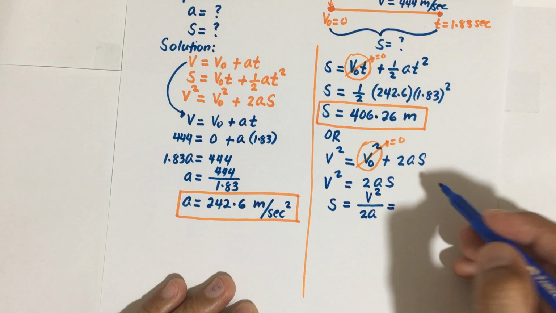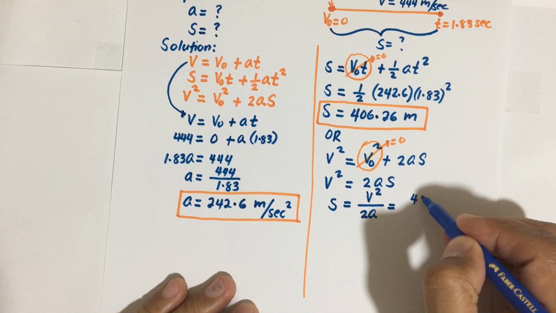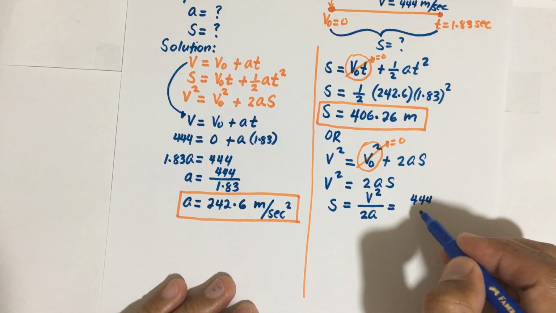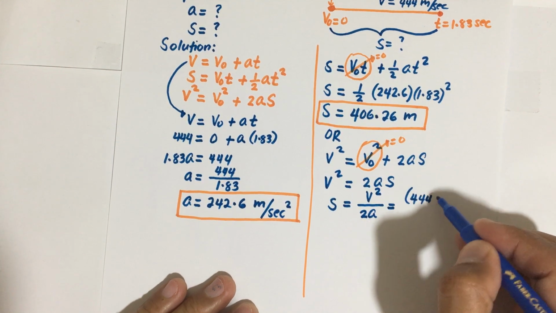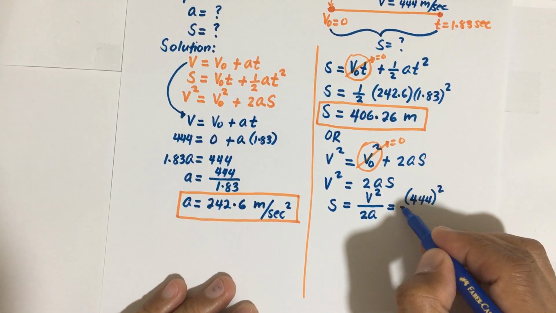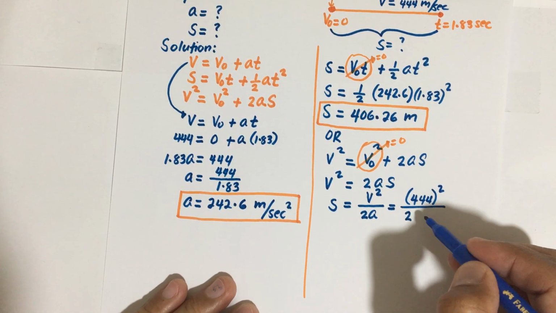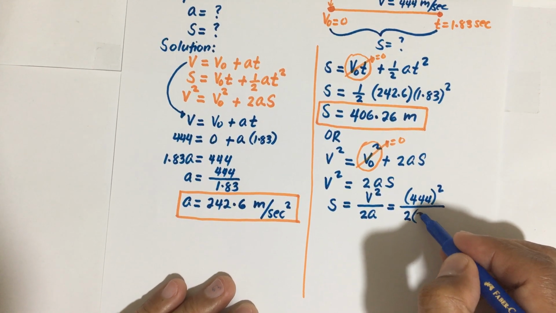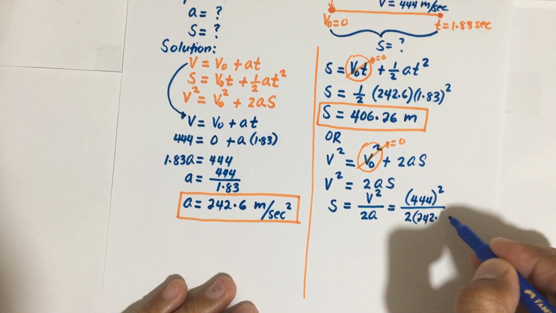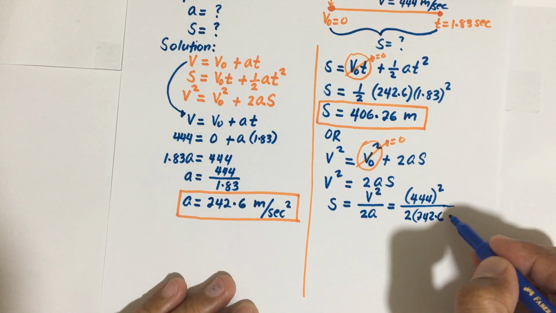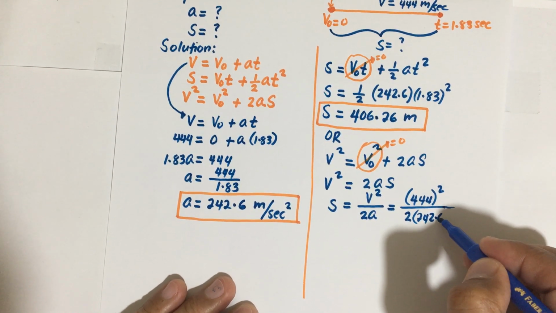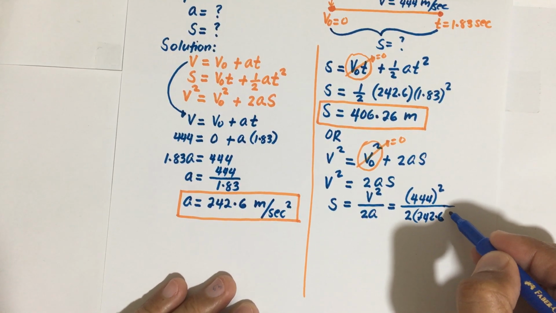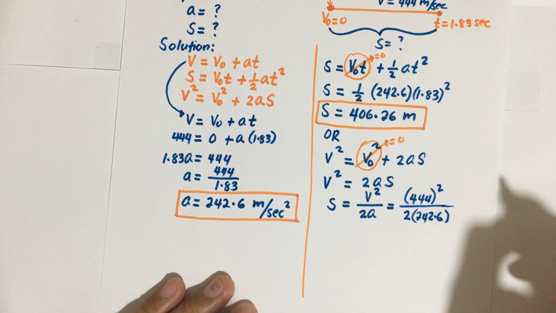Then substituting the given, we have 444 squared, divided by 2 times our a, which is 242.6. You can take all the decimals after this 0.6 to get the exact value.